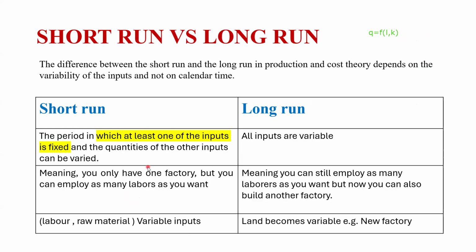So the short run is a period where at least one of the inputs is fixed and the other inputs are varied. Because we're just looking at two inputs here, if capital is fixed in the short run, then labor is what is varied.